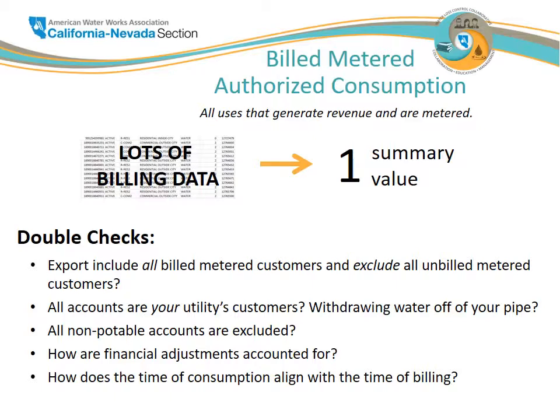So a bill that's generated on January 3rd is probably going to represent consumption that happened in December, maybe even some consumption that happened in November. So when we summarize that a record of 100 units was billed in January, we have to be careful because not all of that consumption happened in January.